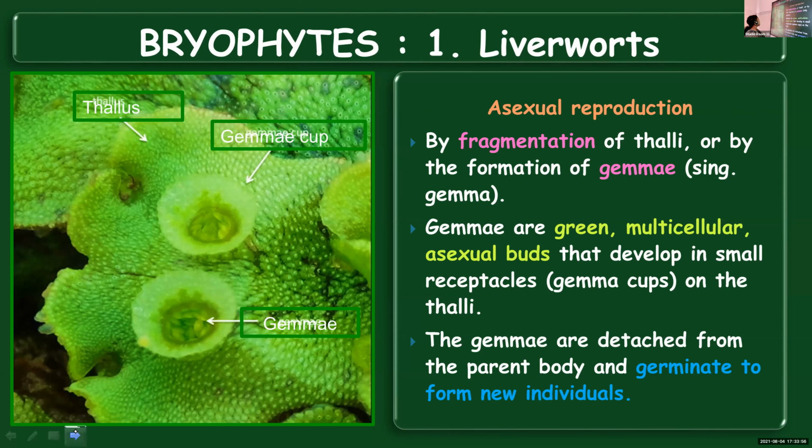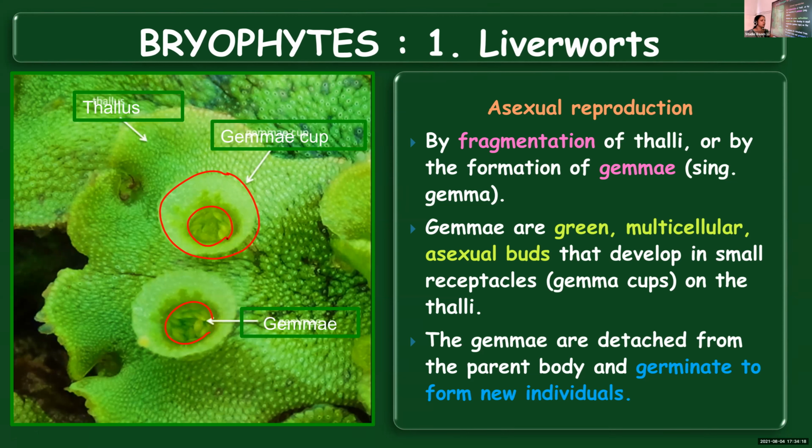So within the gemma cups, you can see some green colored asexual buds, which you call gemmae. See in this figure, you can see that gemma cups, everything is green. I don't know whether you will be able to make out. Just a minute. See, this is that gemma cup. And inside you can see some greenish multicellular asexual buds.